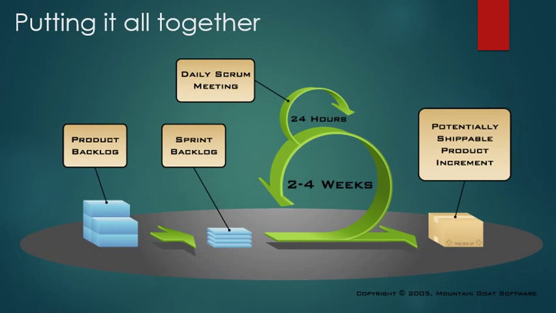If we put it all together, we have product backlog, then sprint backlog, go to the sprint for 2 weeks with daily Scrum meetings, and at the end our finish is a potentially shippable product increment.